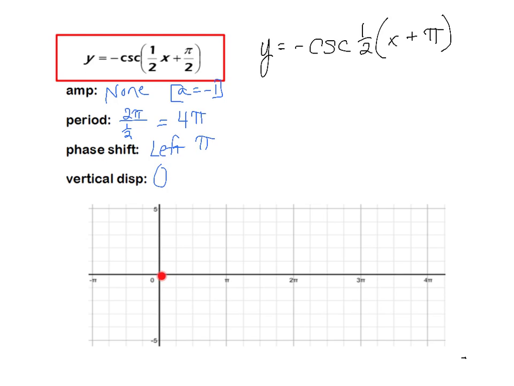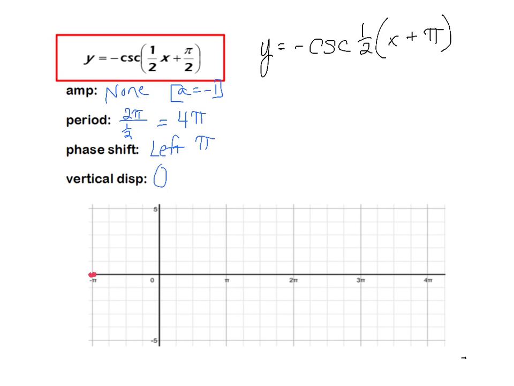I can't really reflect the 0, it lands in the same spot. But my nice sine wave that looks like this normally is now going to be the reflection of it at 0 headed down. But I have a phase shift going on, and I have to go left pi units right there. That is my starting spot.